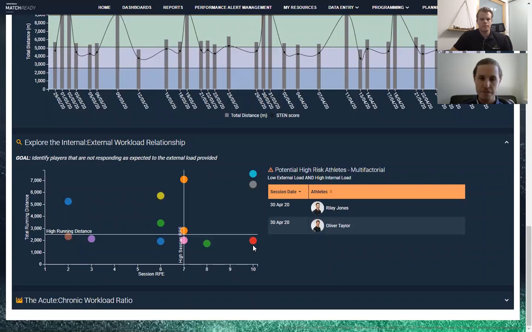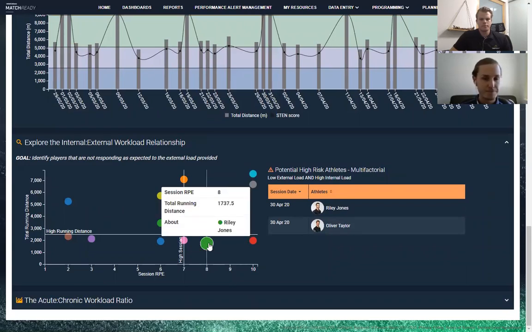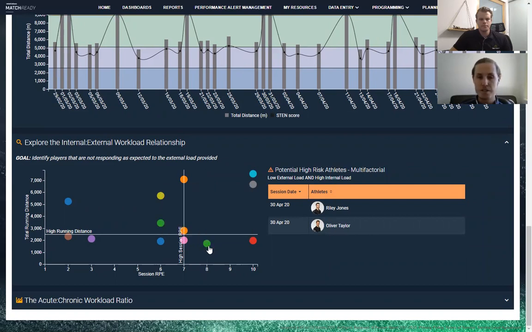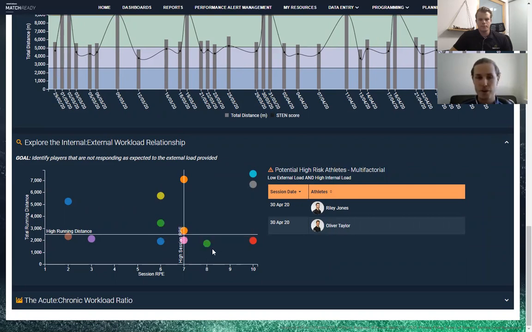And we're looking to identify any players that may be, say, running a low distance or a low external load, but having a high internal load. We're using session RPE as that measure here. This is one of the really great uses of the platform, looking at these multifactorial approaches.